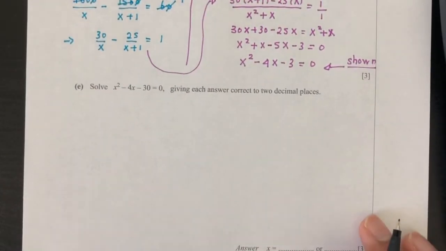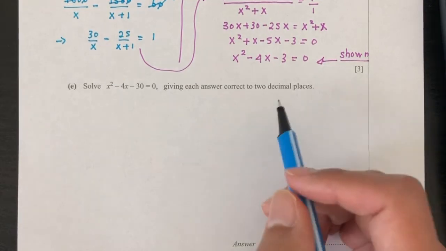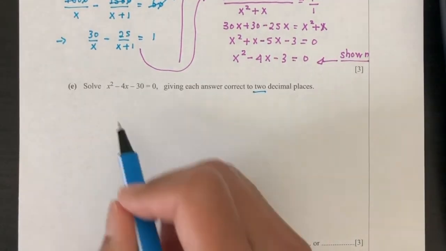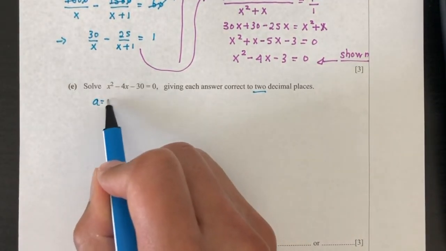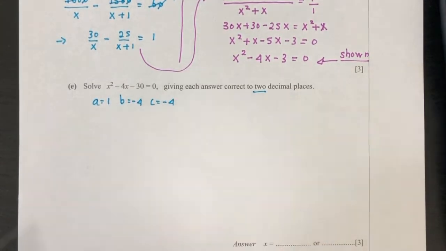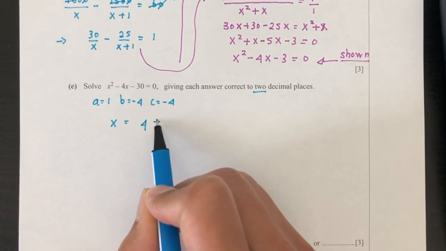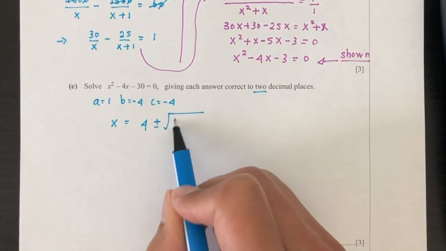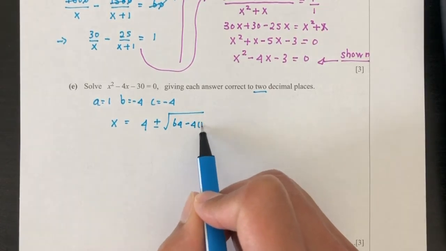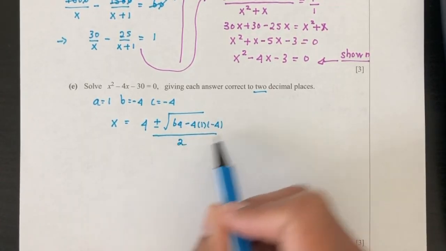Okay, so now part E, we have to solve this equation to find the value of x correct to 2 decimal places. So the value of A will be 1, B is minus 4, and C will be minus 4 as well. x will be equal to minus B plus or minus the root of B squared minus 4 times A times C, divided by 2A, that will be 2.